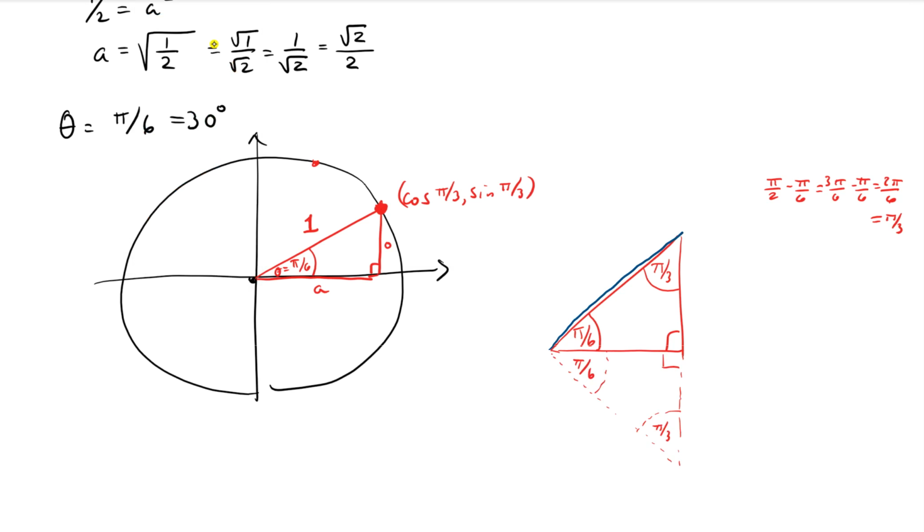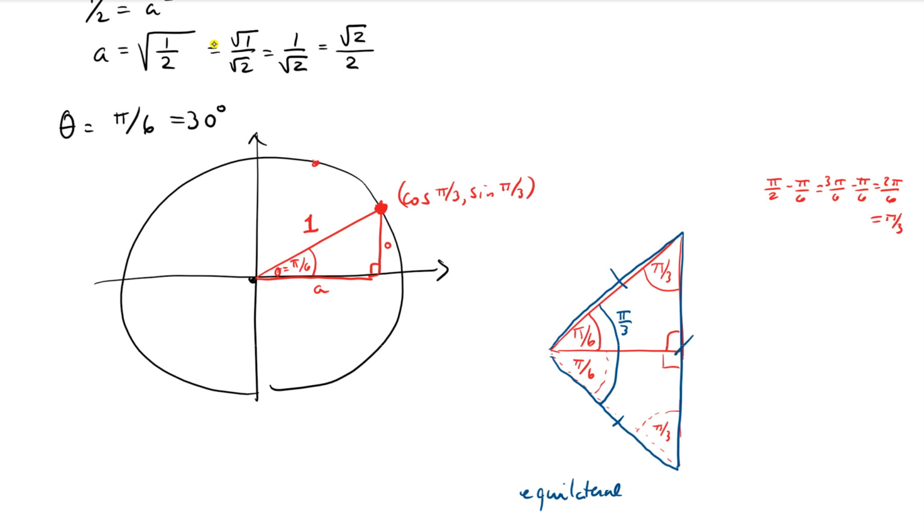It's a triangle where all the angles, the inner angles, are the same. They're all equal to pi over 3, because notice that this bigger angle here, that's pi over 6 plus pi over 6, that's also pi over 3. So all these sides must be identical because it's an equilateral triangle.